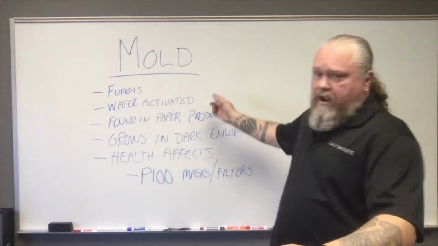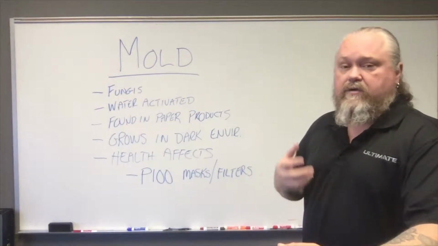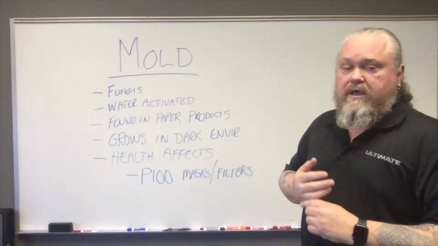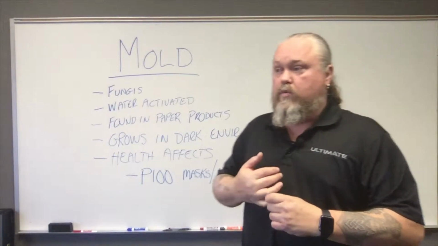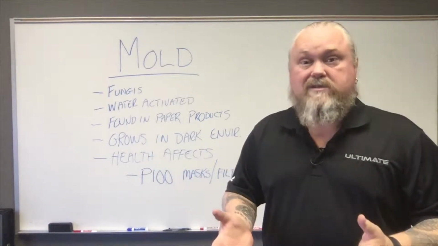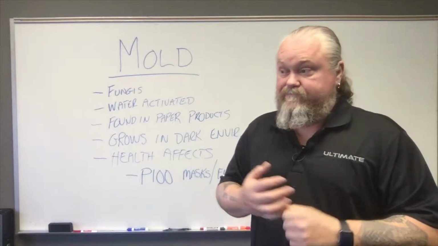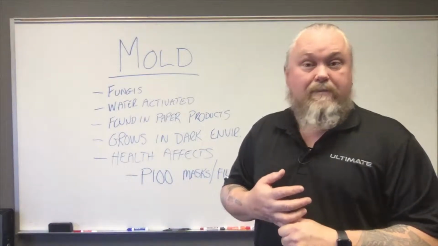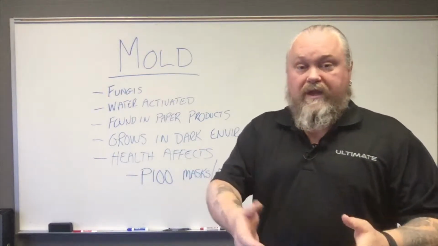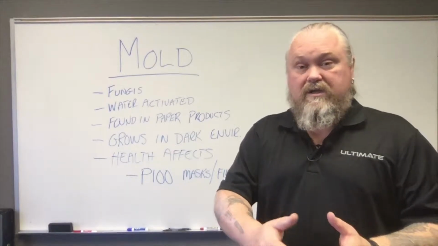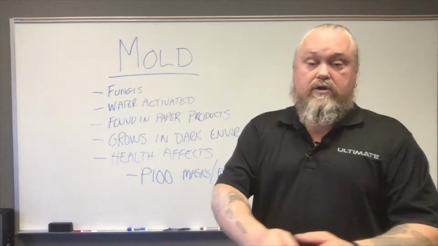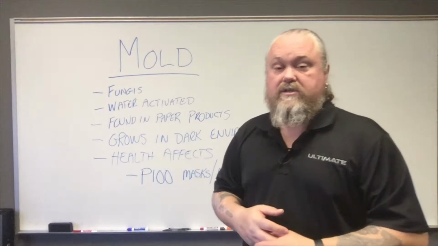We also want to understand, as we get involved with this, it is water activated. So if you're having rain coming in constantly into your work site, and the drywall is starting to go up and the bottom of it gets saturated for long periods of time, mold can begin to grow. Storing it in very dark, damp environments could cause that initiation to occur as well.